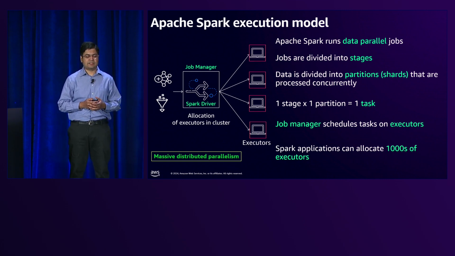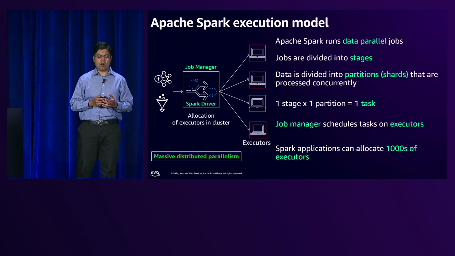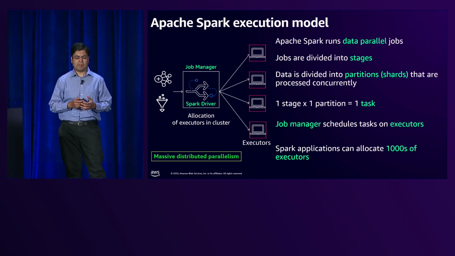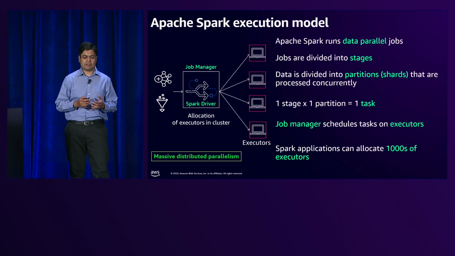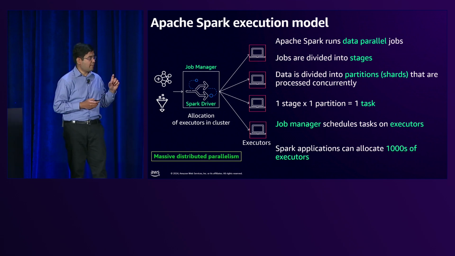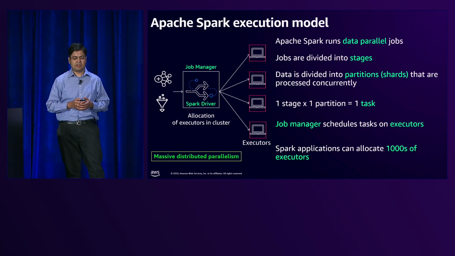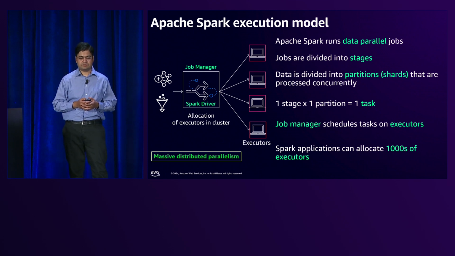Each job is divided into stages, and each stage is further subdivided into tasks which operate on concurrent partitions, which are shards of your data set in Amazon S3 or data warehouses. Now, this job manager schedules these tasks on these executors, and it can allocate thousands of executors, offering massive parallelism for your data parallel jobs.